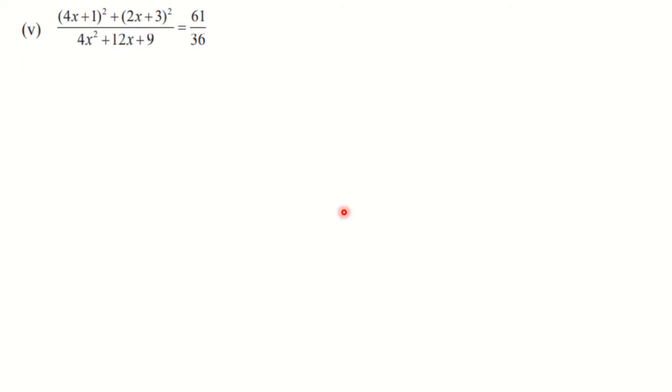Question number 5. So this you can solve by yourself. Only the necessary changes I will give. Now this is not of the type componendo dividendo. You will observe that the terms are not like in the numerator and denominator. Instead it is different. But if you square this bracket, 2x plus 3 the whole square, using the formula a plus b the whole square, that is a square plus 2ab plus b square, then you will get these terms.